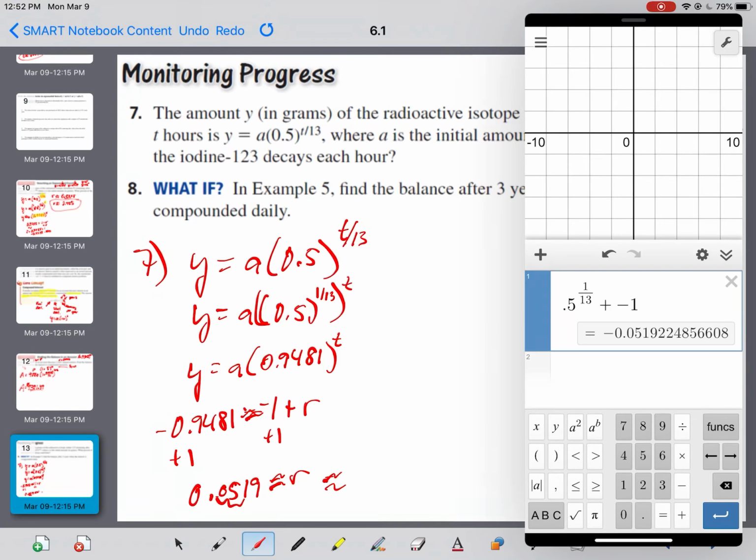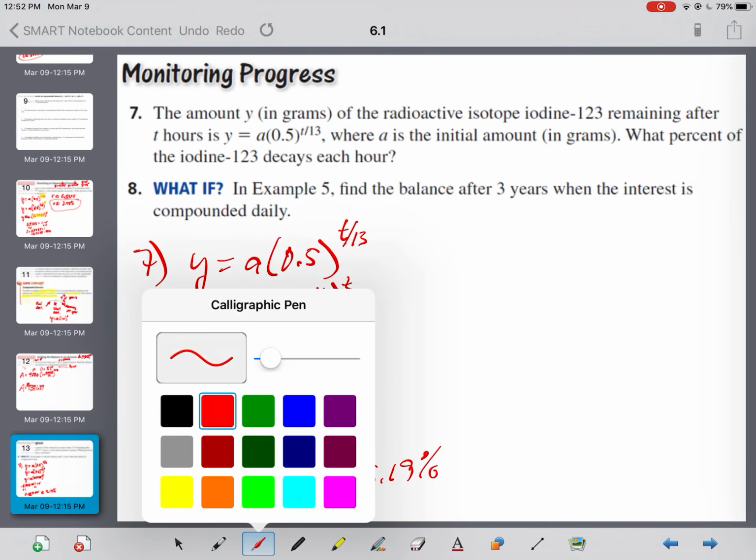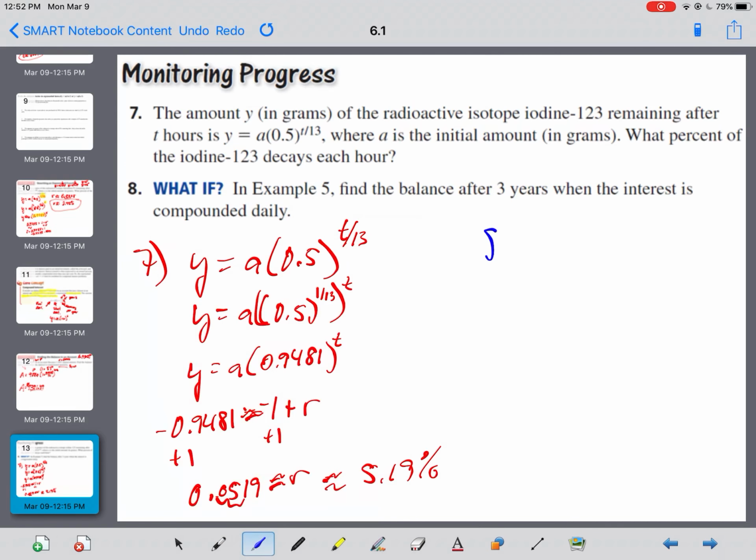I should have said approximately there. So if I move that over, r is about 5.19%. I could have said up here, move that back over this way, do 1 minus that. There you go. That's where it looks right.